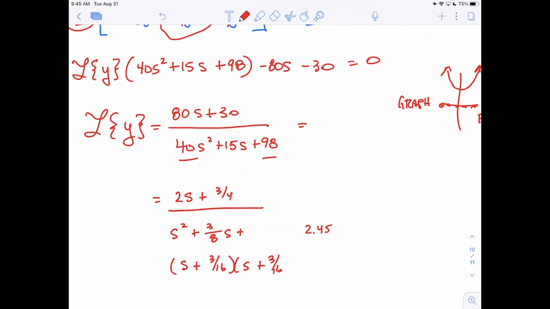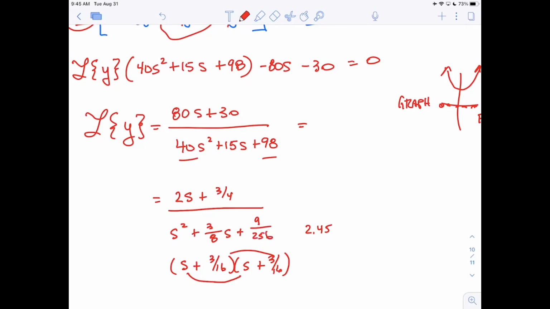Since when I multiplied that out, it would be 3/16 S plus 3/16 S, which would be 6/16, which is 3/8. If I finish multiplying this out, I'd have S squared plus 3/8 S plus 3/16 times 3/16, which is 9 over 16 squared. It's 256. So I actually wish this was 9/256.